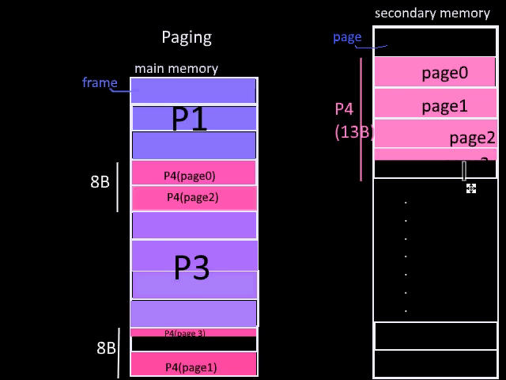Hence, it is not desirable to reduce the page size beyond a particular limit, but if we increase the page size, we will have the problem of internal fragmentation. But the problem of external fragmentation is completely resolved, and compared to the advantages, the problem of internal fragmentation here is not very considerable.